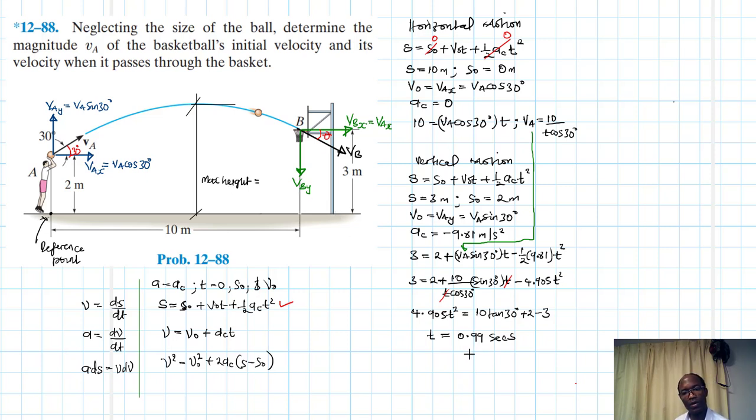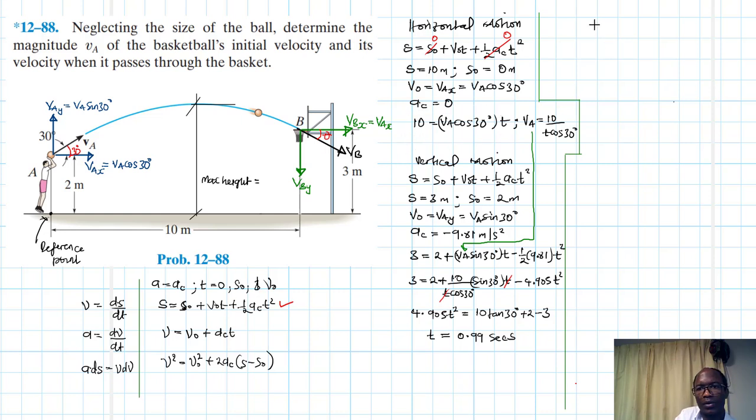Okay, so once we found this time, we can go ahead and calculate the VA. Let me bring it here like so, so that I reserve my space. So I'll use this equation here.